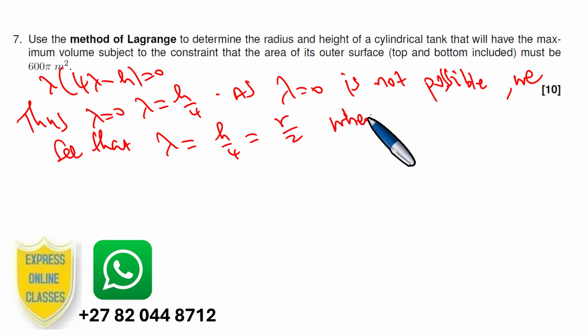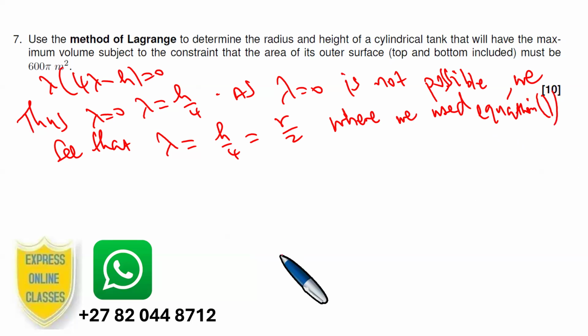And where we used equation 1. So now, if you cross multiply everything, this 2, this 4, making h the subject, it's going to be 4r over 2.